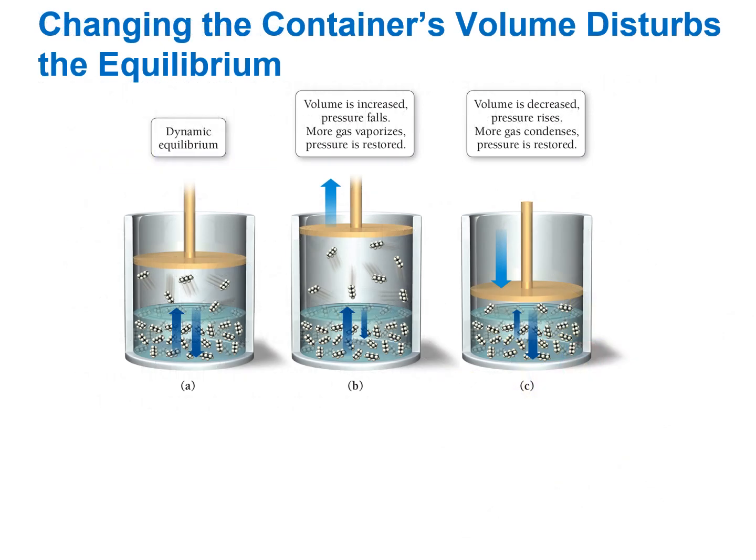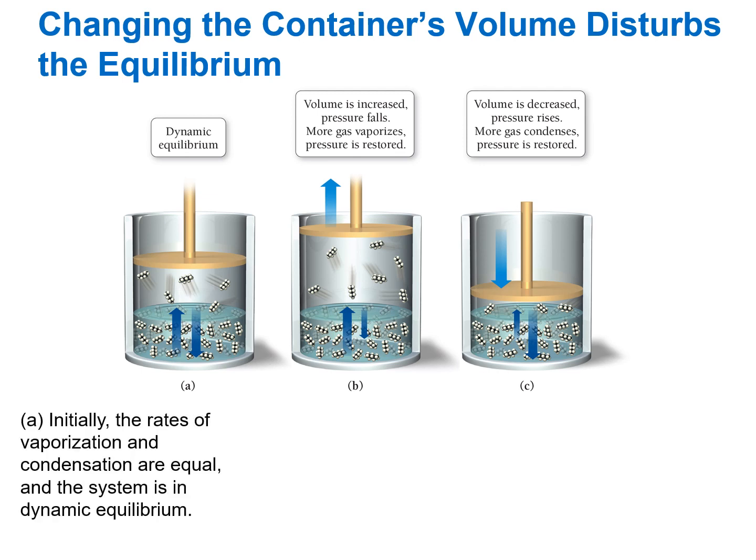So what happens if you have a disruption in dynamic equilibrium because of a change of volume in a container? Well, this is what's happening in a piston, more or less, and that's what we see pictured here. Keeping in mind that dynamic equilibrium gets established when vaporization and condensation are happening at the same rate, let's say that we pull our plunger out.